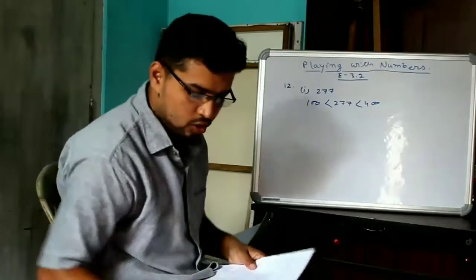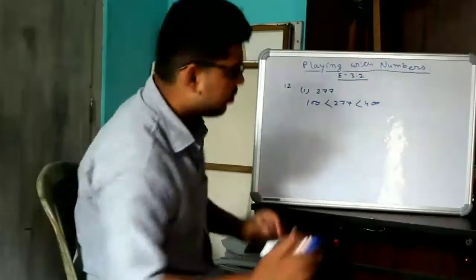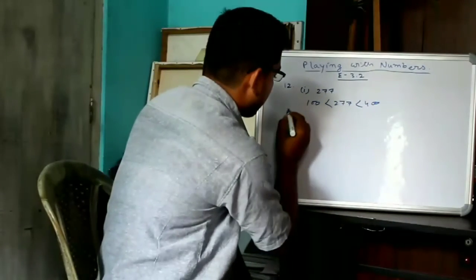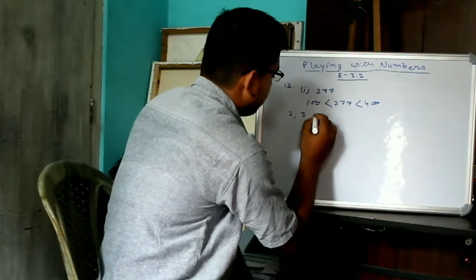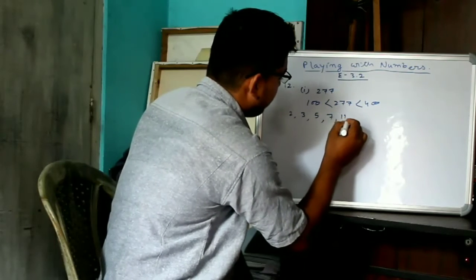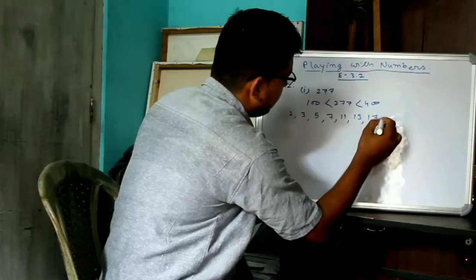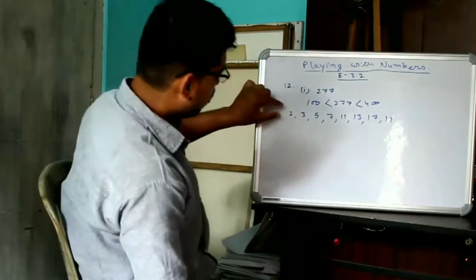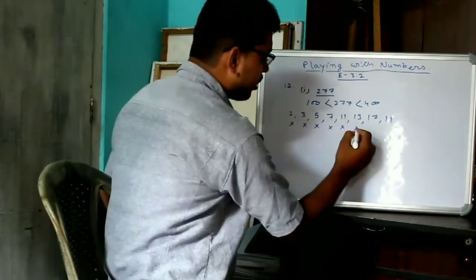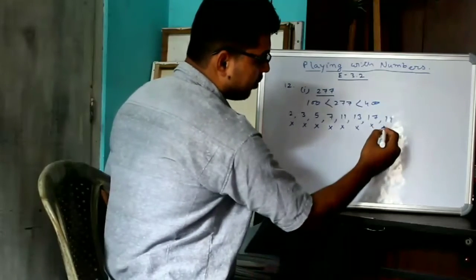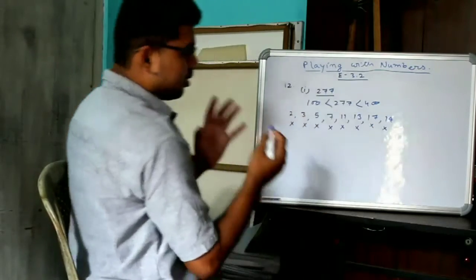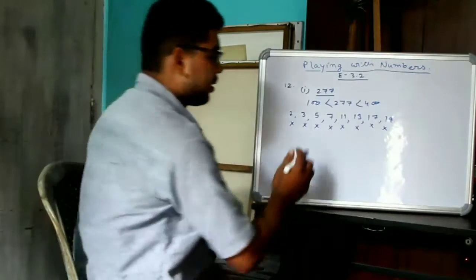Let's see the prime numbers 2, 3, 5, 7, 11, 13, 17 and 19. Check. 2 is not possible, 3 is not, 277 is not a multiple of 17, 277 is not a multiple of 19. So 277 is a prime number.